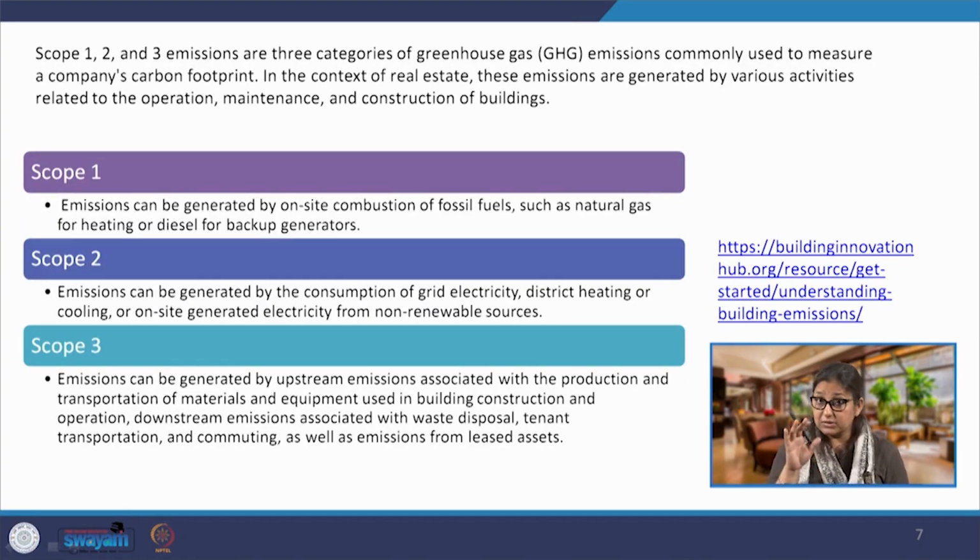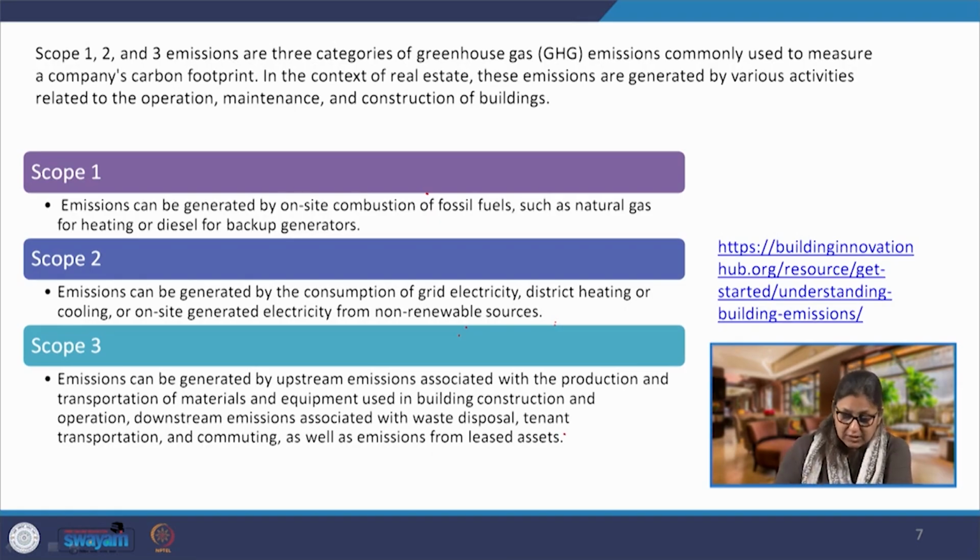If we look at real estate companies, scope 1 emissions will be the emissions that are generated by on-site combustion of fuels such as natural gas for heating or diesel for backup generators. The emission in scope 2 will be due to the consumption of grid electricity, district heating or cooling, or on-site generated electricity from non-renewable sources, that is, if it is directly combusted on site, it is sometimes going in scope 1.